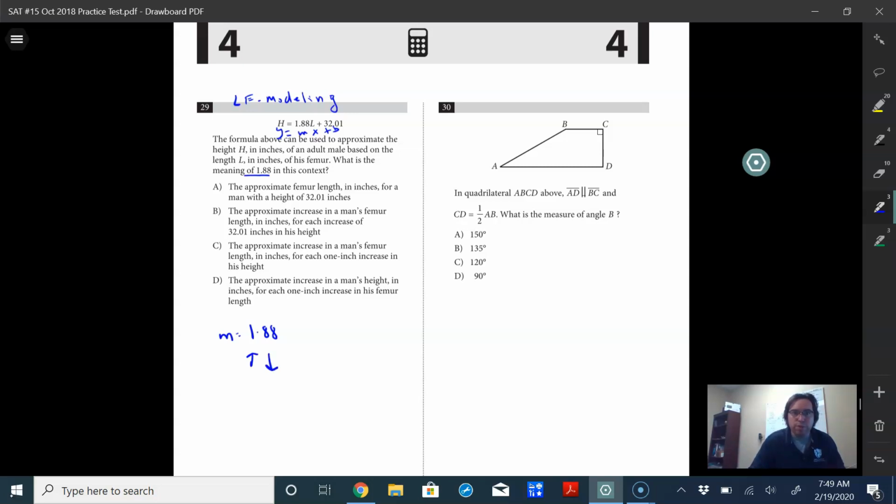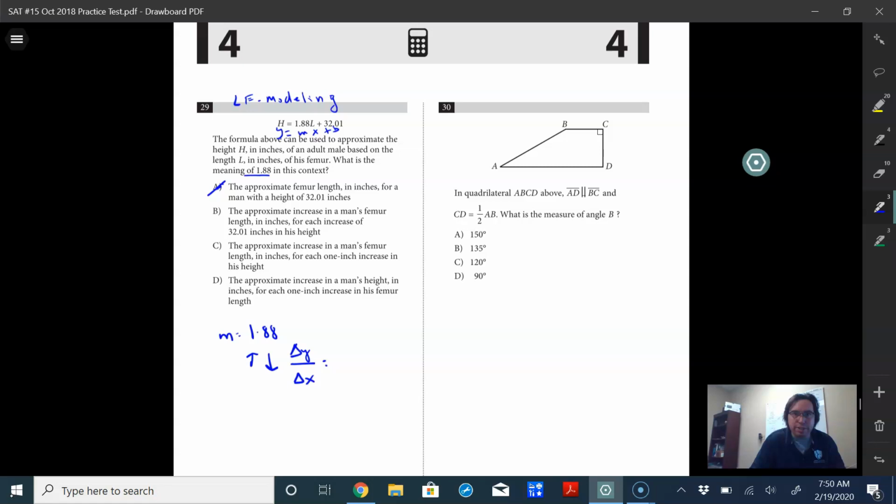So within that, we can just go through the answer choices, and if you're having to guess, per se, be able to eliminate. And so this one doesn't even have increase or decrease in it, so A is out automatically for that reason. We see B, C, and D. And remember, the slope is the same thing as the change in y over the change in x. So if we break this down, it's going to say that the formula can be used to approximate the height h in inches of an adult male.